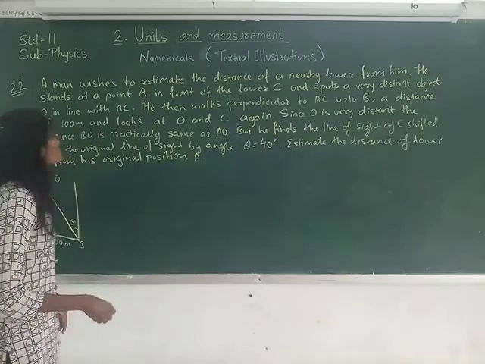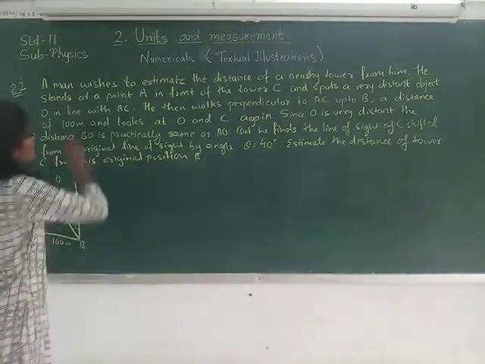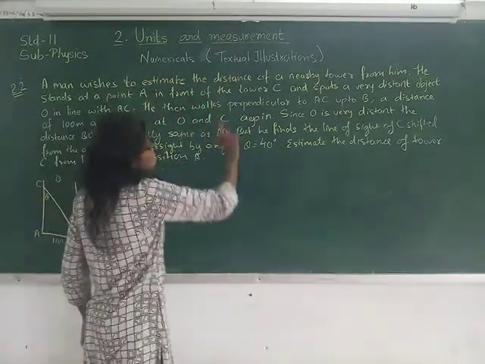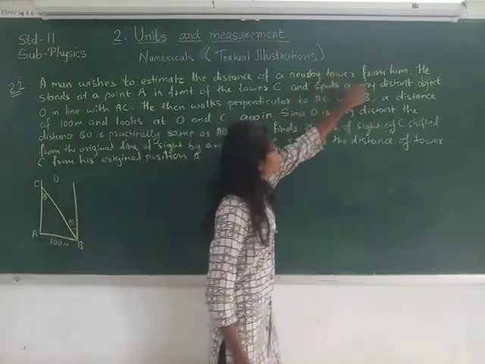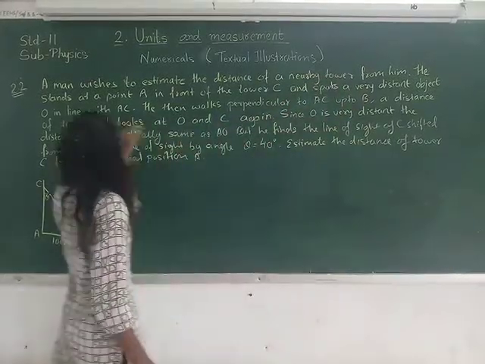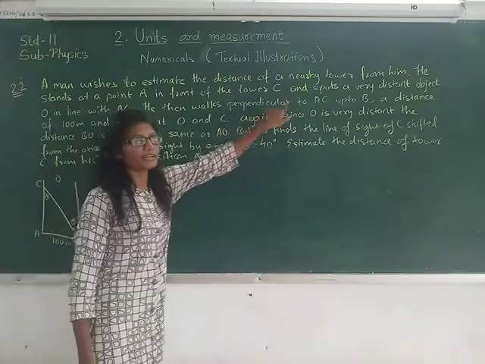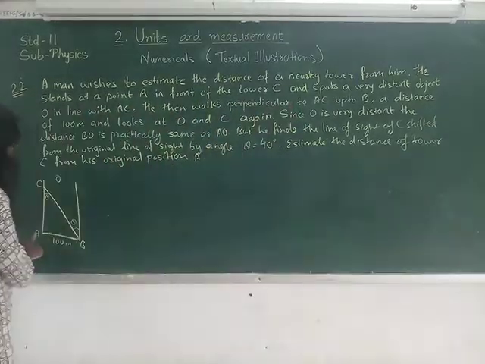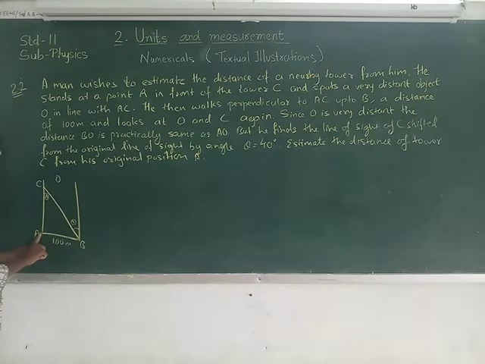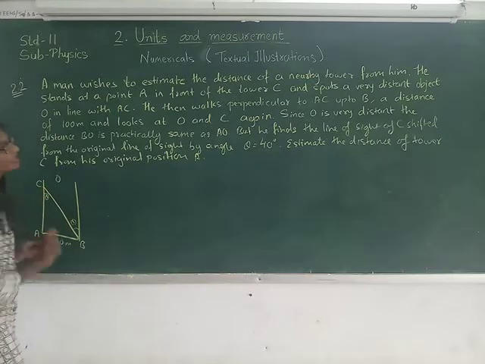Now second illustration, that is 2.2. A man wishes to estimate the distance of a nearby tower C. So here a man is standing at this point A and he is standing in front of tower C. That is, this point C is nothing but tower.